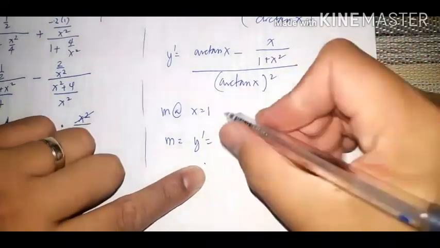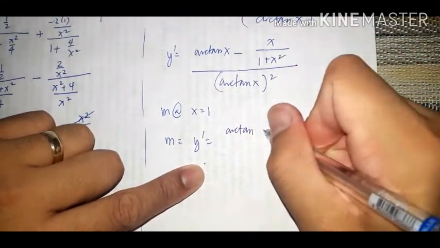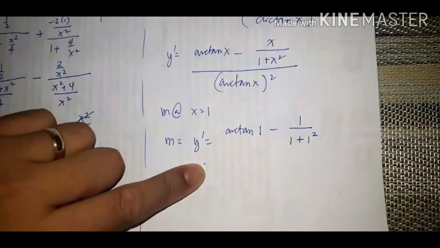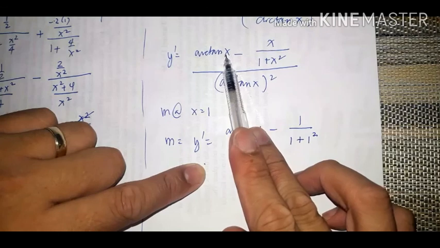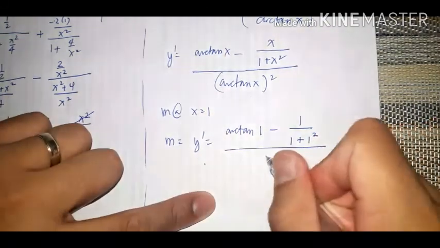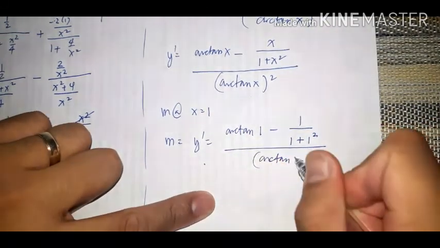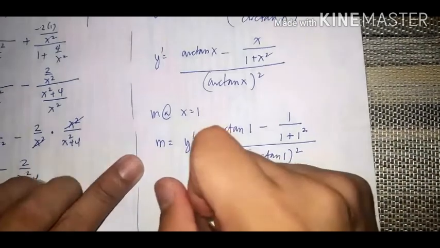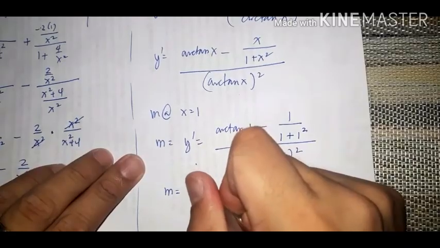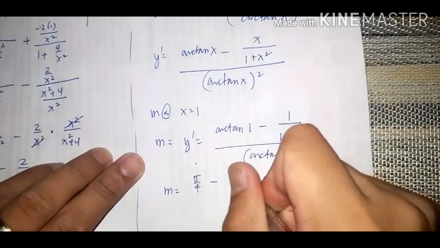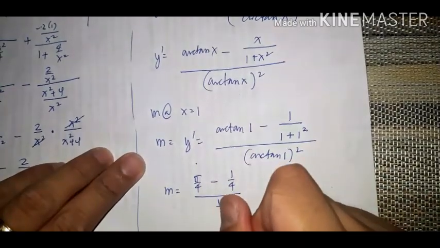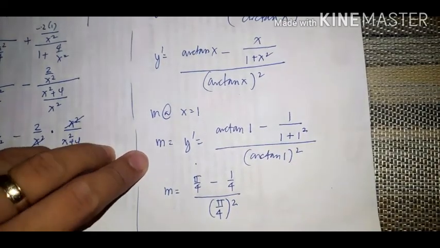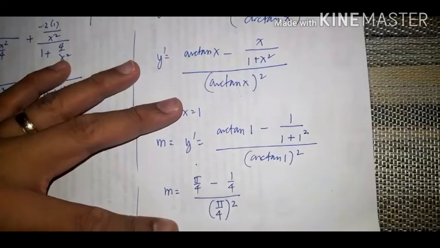So, substitute lang natin, arctangent 1 minus 1 over 1 plus 1 square. So, substituting 1 dun sa lahat ng x over arctangent of 1 raised to the second power. So, arctangent 1 is 45 degrees. So, that's pi over 4 in radian minus 1 over 4 over 1 over pi over 4 raised to the second power.